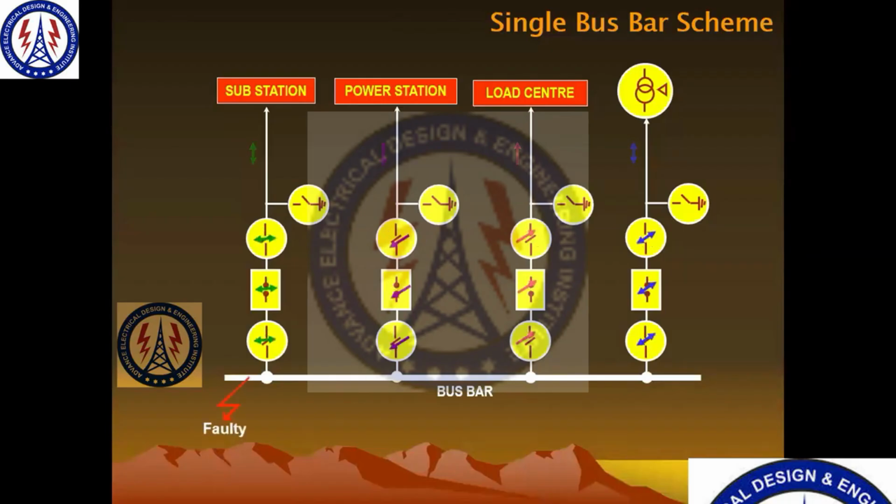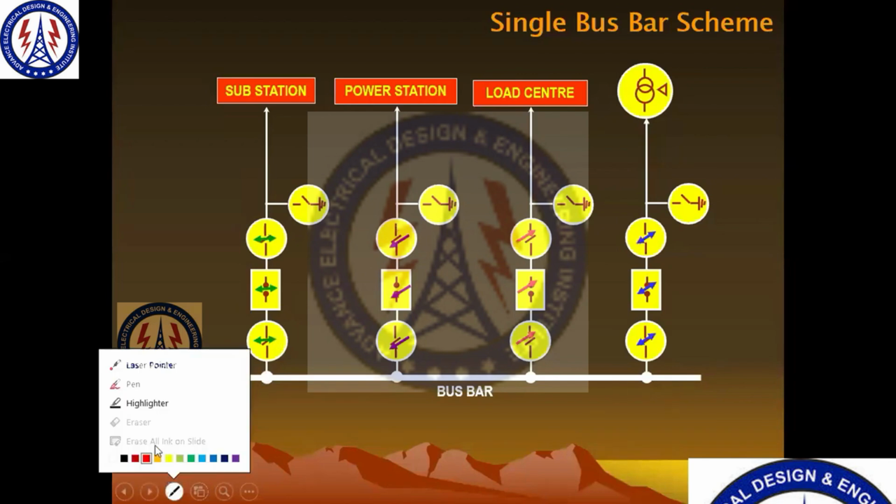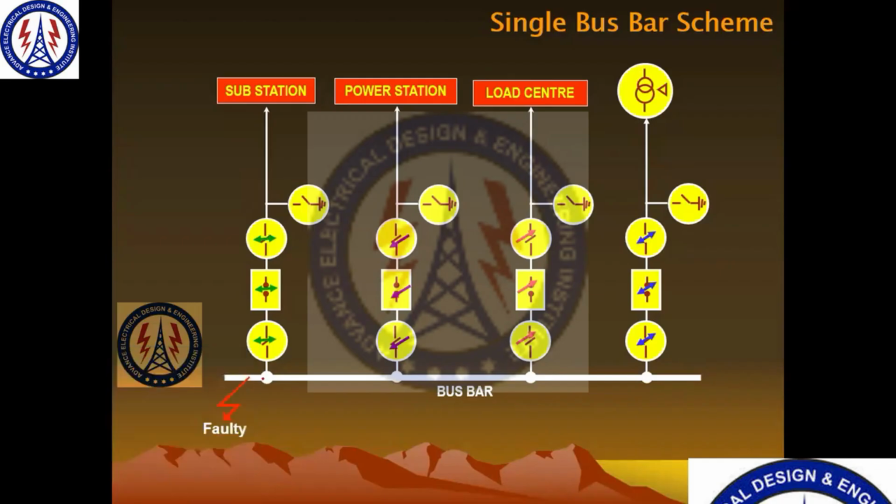Then the second condition, when we have a fault on the bus bar. In that case, what will happen? The fault will happen on this bus bar. All the feeders which are connected to this bus will get interrupted, so all the circuit breakers will be tripped. It means your complete substation is in blackout, because no feeder is working in a healthy condition.